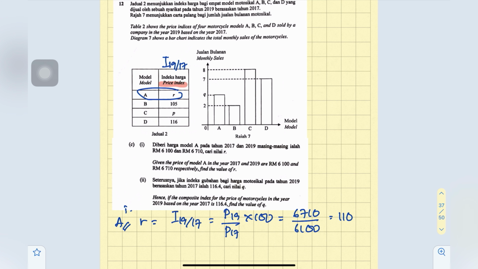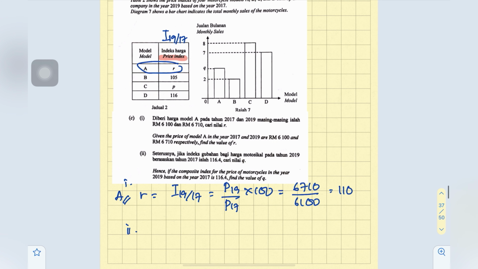So question 2. C2, hence if the composite index, okay, for the price of motorcycles in the year 2019 base 2017 is 116.4, find the value of Q. Okay, so here kita ada composite index, so maksudnya I bar equals to I bar 19 base 17. Okay, so equals to 116.4.